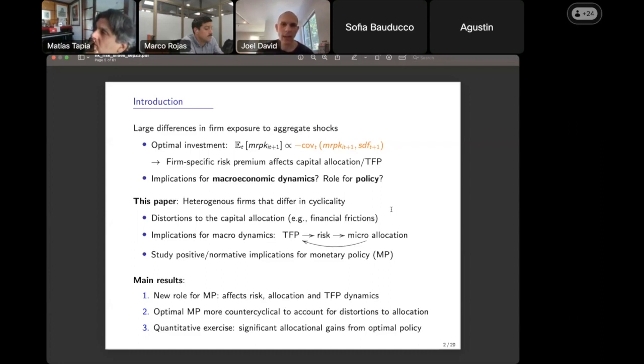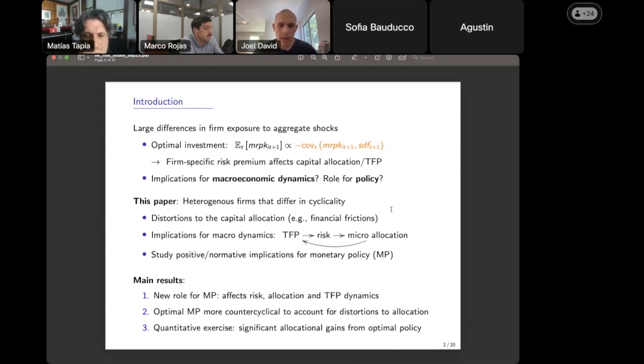And in bad times, the central bank is going to want to set a positive output gap, keeping actual realized output above potential, so smoothing off the bottom of recessions. That might sound obvious, but for people who have worked in the New Keynesian literature, traditionally the policy prescription is to keep the output gap exactly zero. And I'll show you here, there are going to be incentives for the central bank to depart from that.